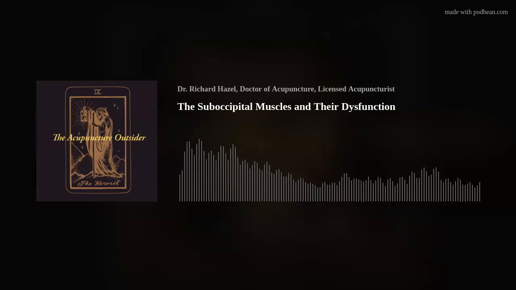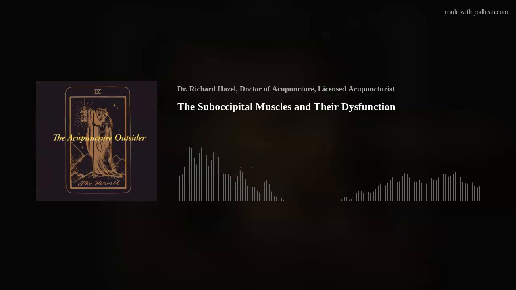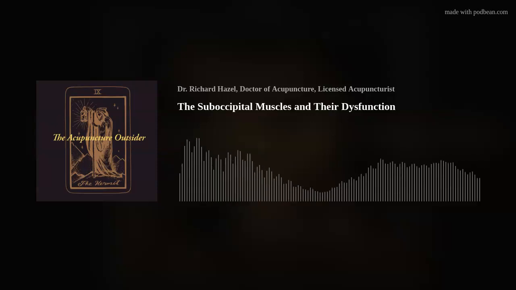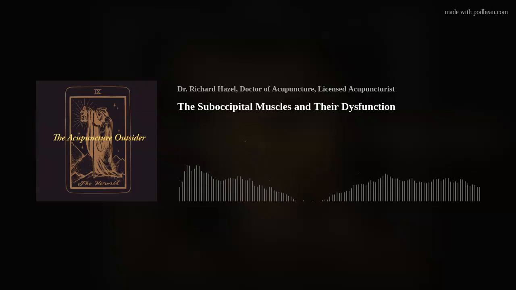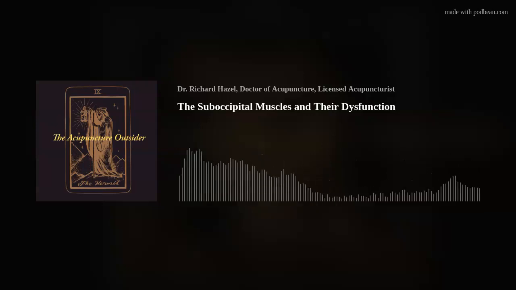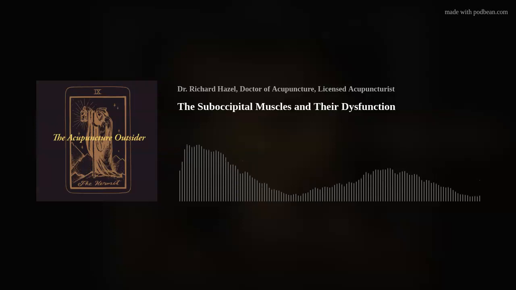Remember, it goes all the way up to C1, but that's not where we are going for our location. We go from spinous process of C2, we come around to the transverse process of C2. We bisect that. So we have one finger on one place, one finger on the transverse process. We go right in the middle and push in toward the center. And you're coming in from the side of the neck, and you will feel that tight, ropey obliquus capitis inferior.